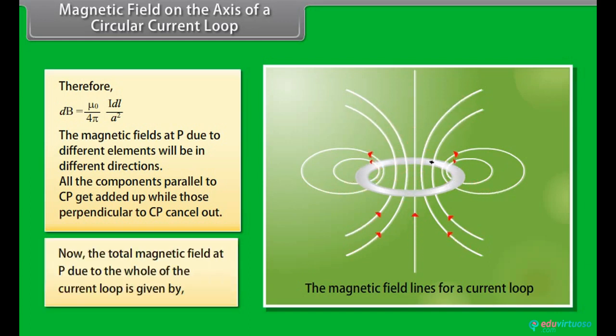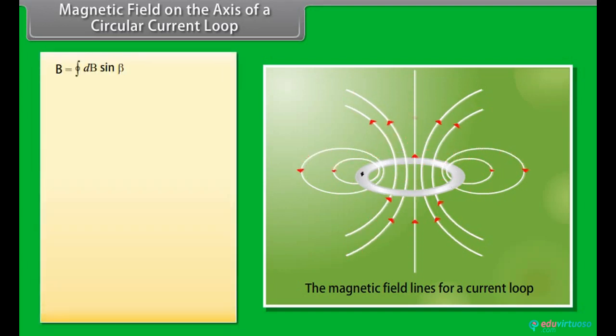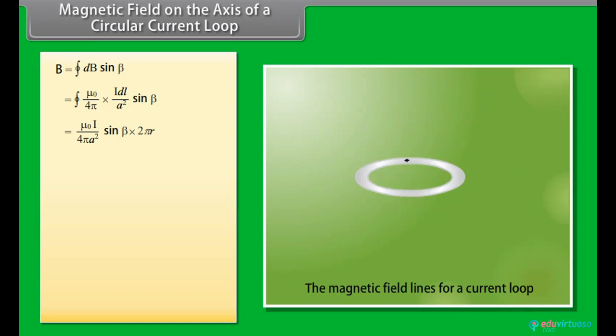Now the total magnetic field at P due to the whole of the current loop is given by closed integral of dB sine beta. By putting the values in this equation, we get the total magnetic field at P equal to mu naught I upon 4 pi A square multiplied by sine beta and 2 pi r.